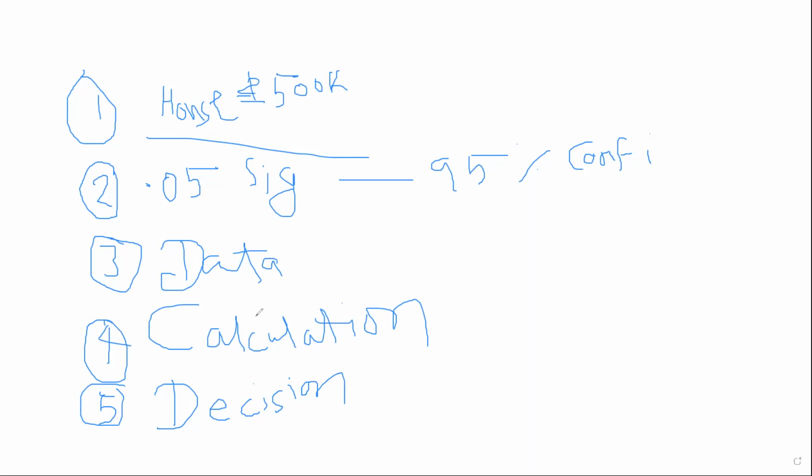As you know, we check the hypothesis based on three important things from the previous chapter. Number 1 is mean. Number 2 is standard deviation or variance.